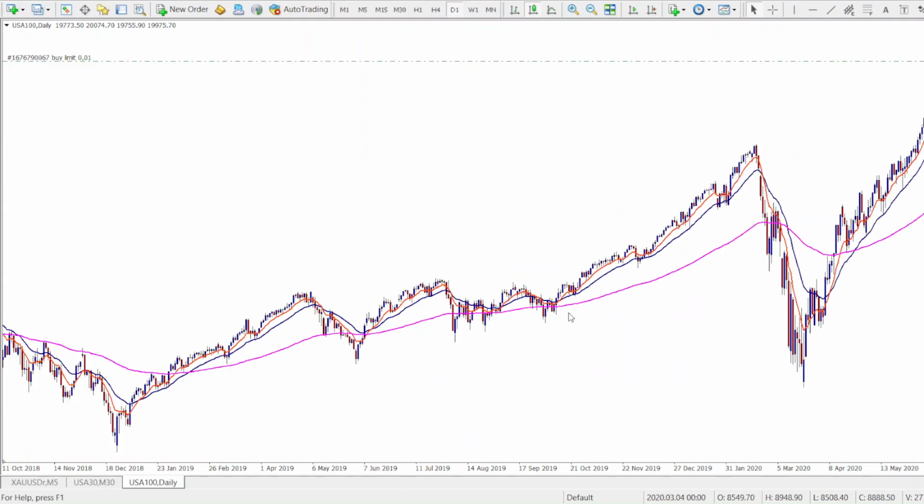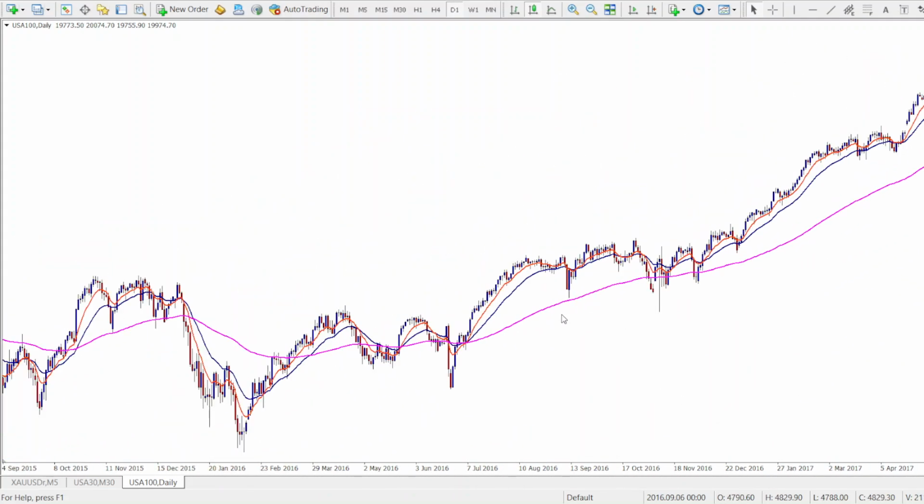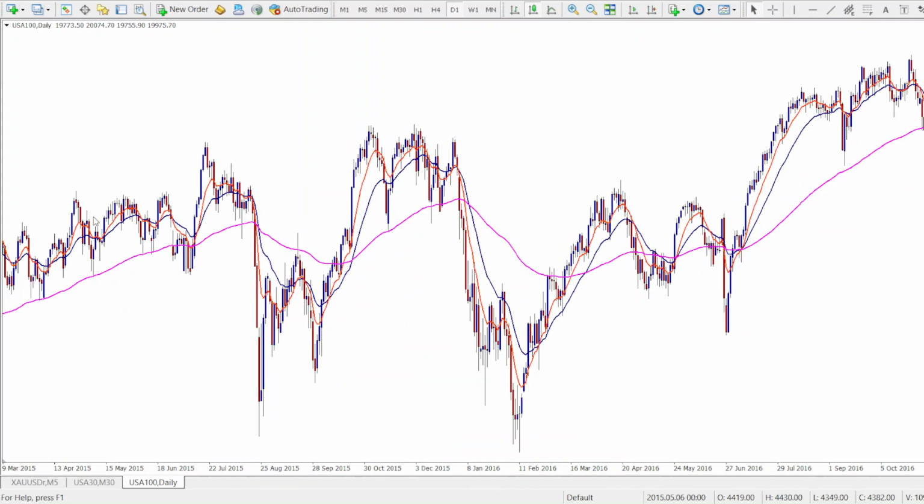And on the other hand, if you were in a sell trade, perhaps here you were selling and then you saw the EMAs begin to flatten, you can decide to close your trade because there is a possibility that the bearish momentum will be completely lost, which will now result in a buy, and that is exactly what happened here. Right after the flattening, you can see that the price reversed.